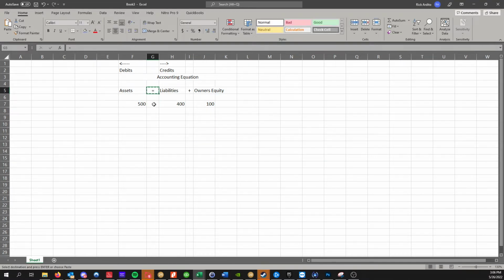These are balanced, right? Because 500 is equal to 400 plus 100. So whenever we determine if we're doing a debit or a credit, we're making sure that we keep this in balance.